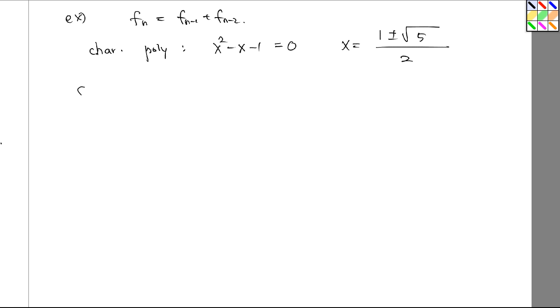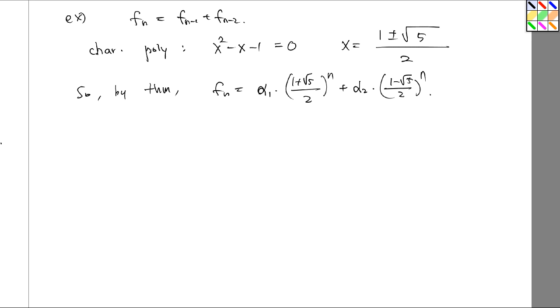So by the theorem, f of n can be written as, say, alpha 1 times 1 plus square root of 5 over 2 to the n plus alpha 2 times 1 minus square root of 5 over 2 to the n. We should be able to find these two constants, and we can find them by using the initial conditions f0 equals 0 and f1 equals 1.